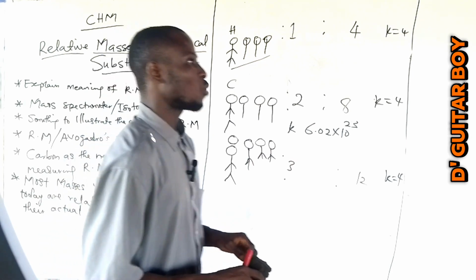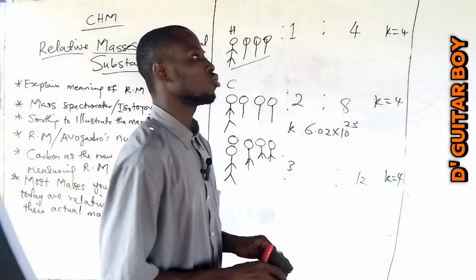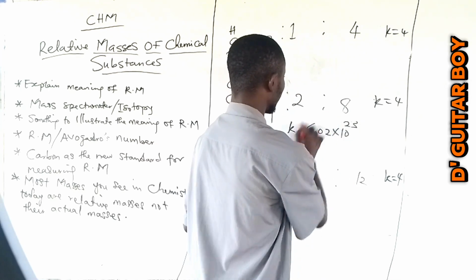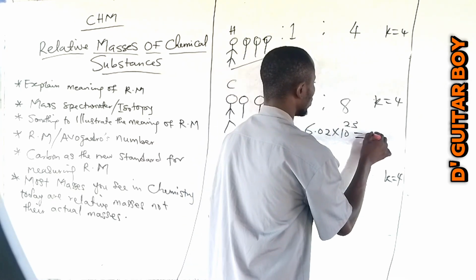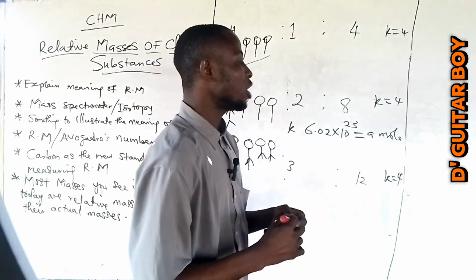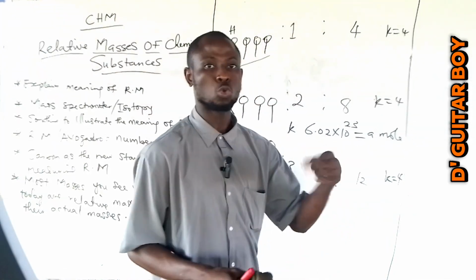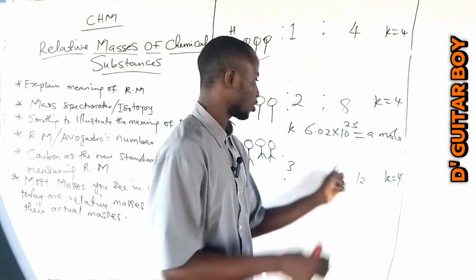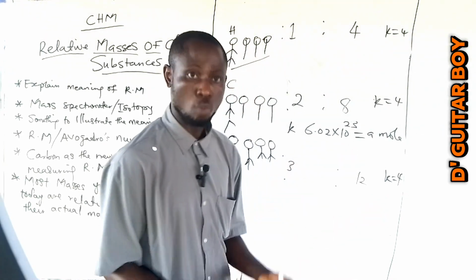That is why they tell you the Avogadro's number for 1 mole of any substance, and this is what we call a mole. A mole is a substance that contains this number of particles, this number of atoms. If you count the substance and it contains this number of atoms, it is called a mole.